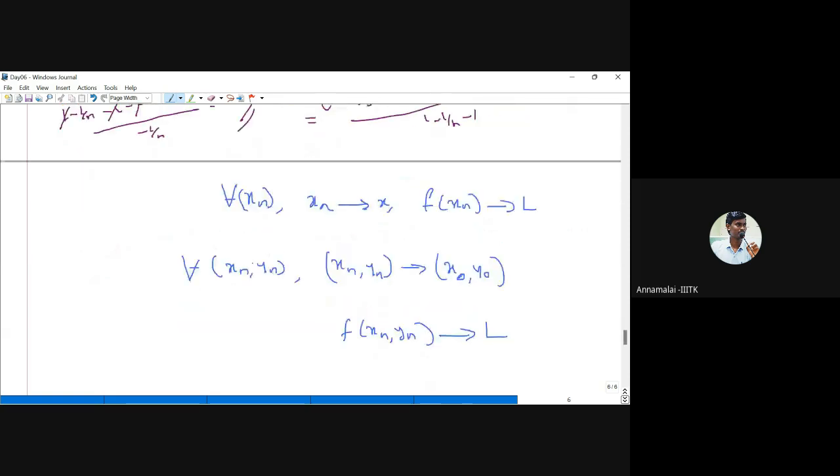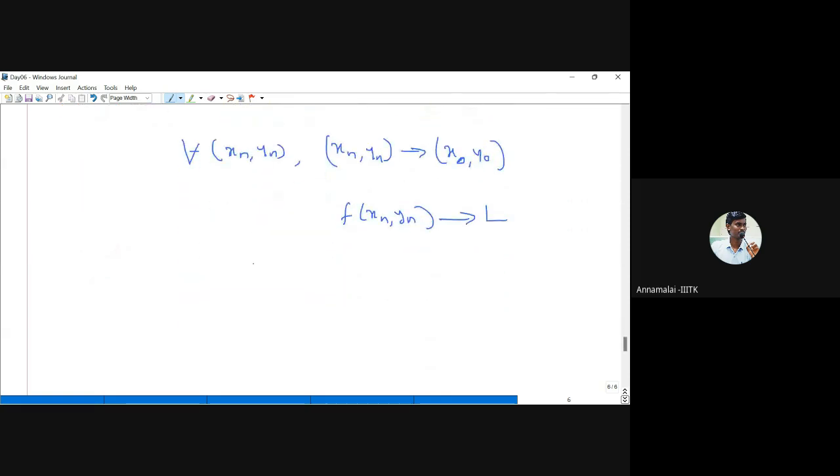Okay. So if you take any sequence xn comma yn converging to this, here we have to assume that, in this example, the xn's are not equal to 1. Okay, in this example. So if you take any sequence xn comma yn, this is a sequence, therefore I put 2 brackets.